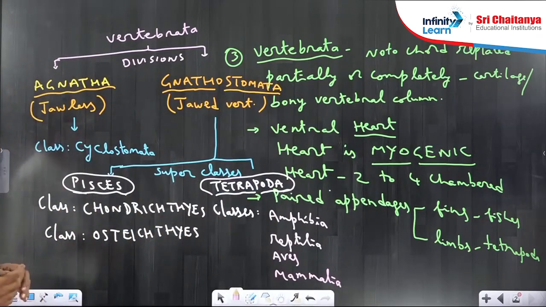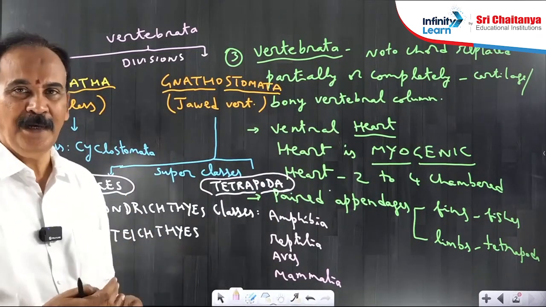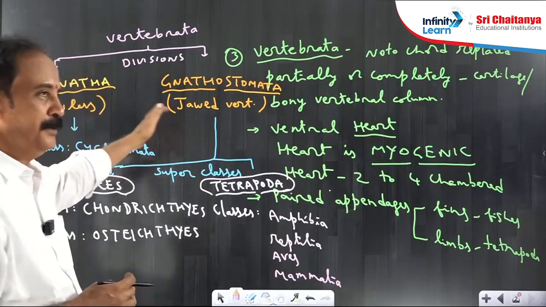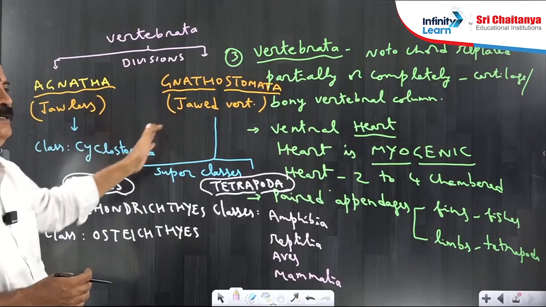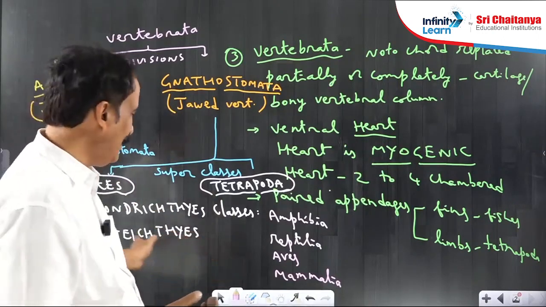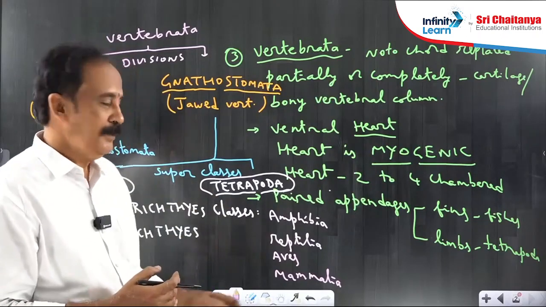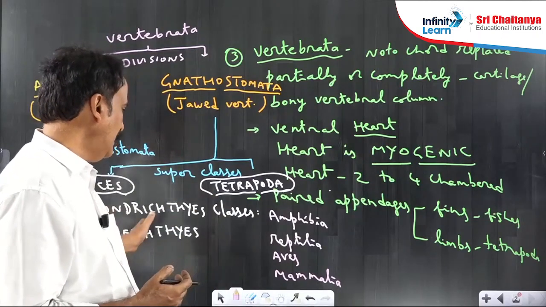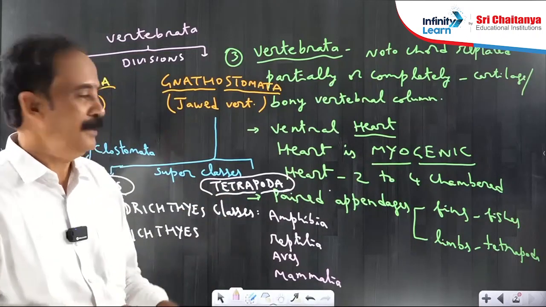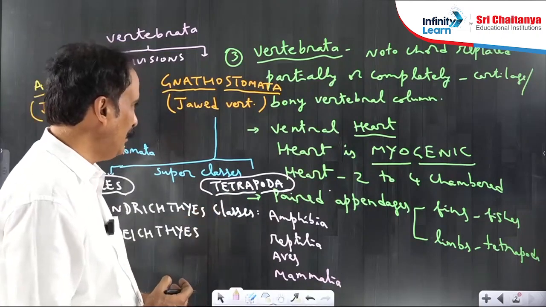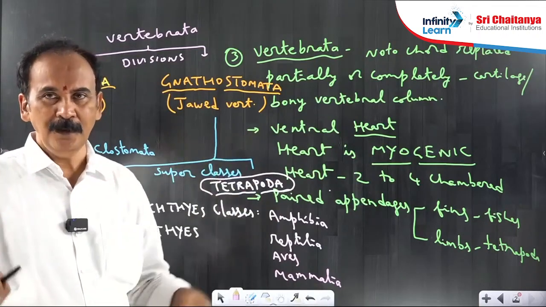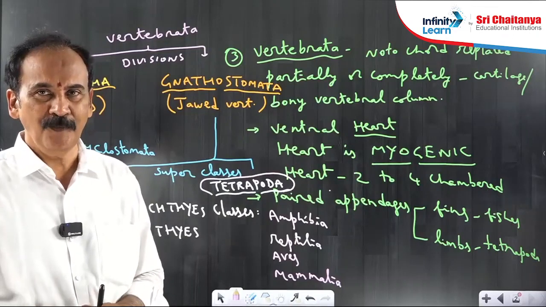Fishes will come under the superclass called Pisces. So this is the classification of vertebrates into the 2 different divisions, and divisions into the 2 different superclasses, and classes. Pisces includes the cartilage fishes, bony fishes. Tetrapoda includes amphibians, reptiles, aves and mammals, right? So this is the overall classification of the chordates.